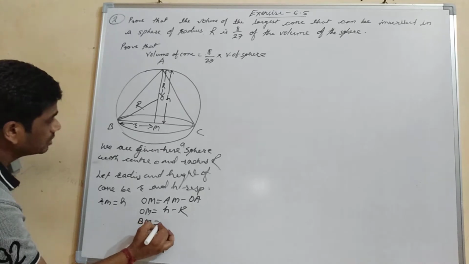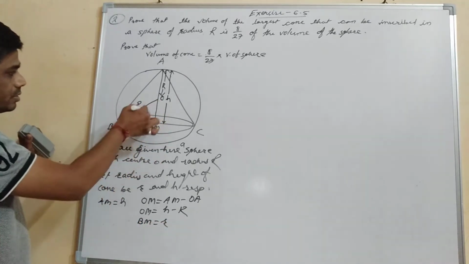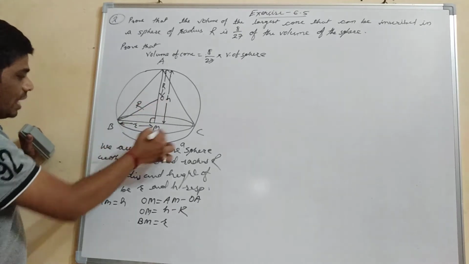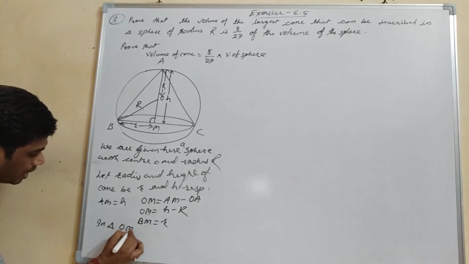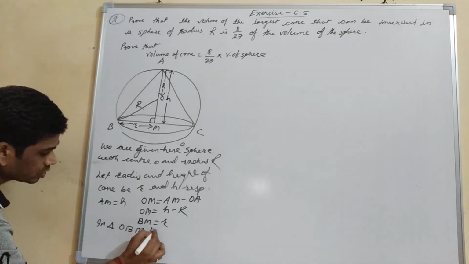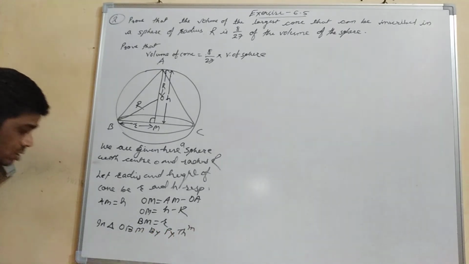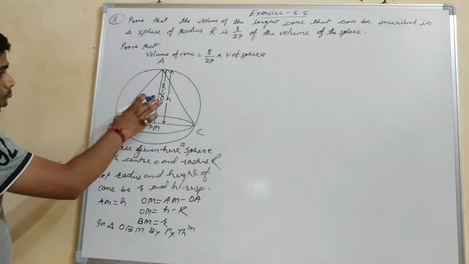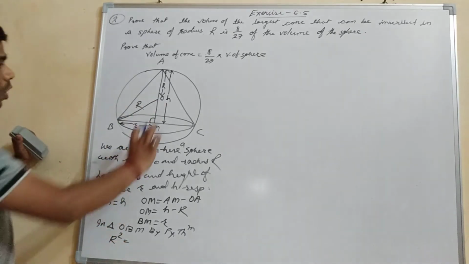That is given smaller r. So in right angle triangle OBM, by Pythagoras theorem, we can write OB square means capital R square equal to OM square.